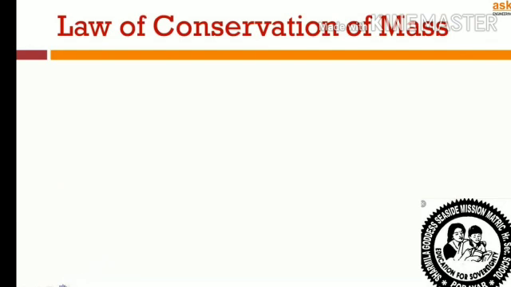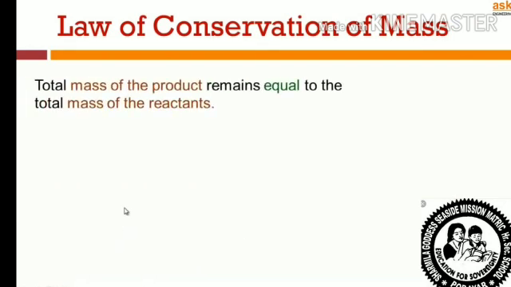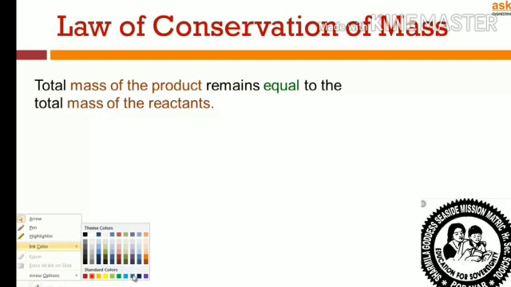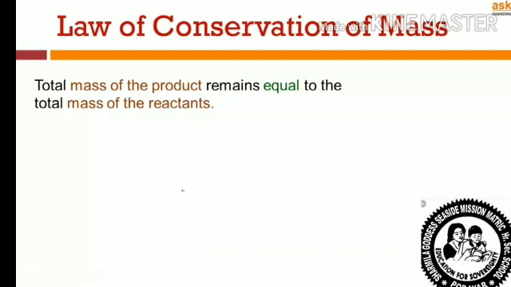The law of conservation of mass says that the total mass of the products remains equal to the total mass of the reactants. Mass is neither created nor destroyed, so the total mass of the products should always be equal to the total mass of the reactants.